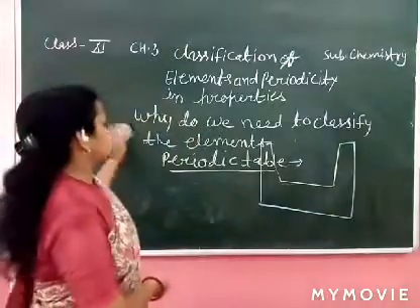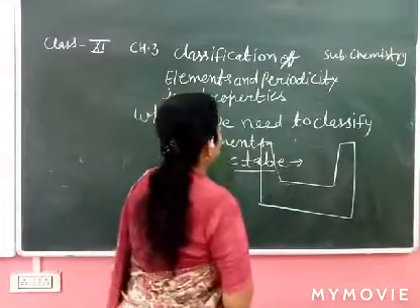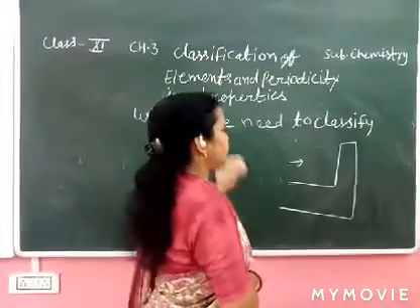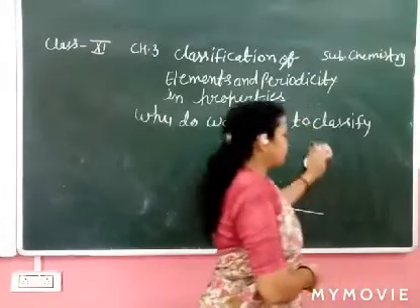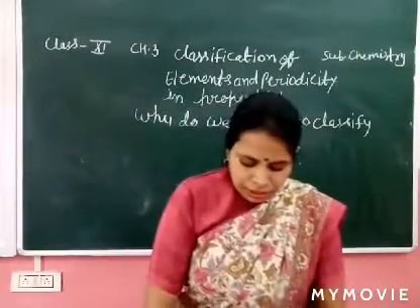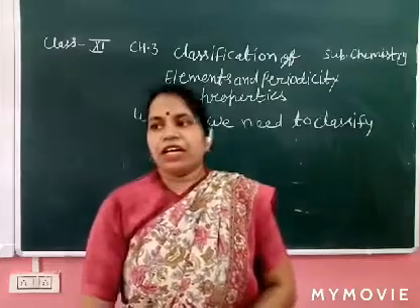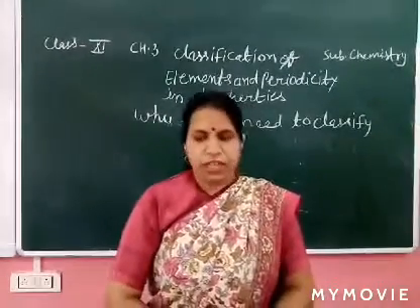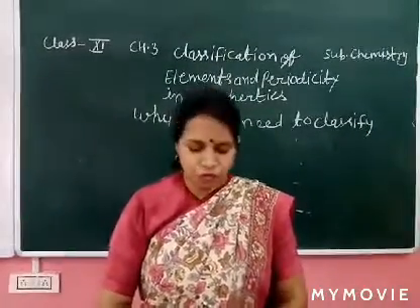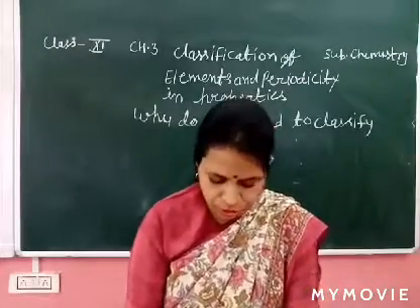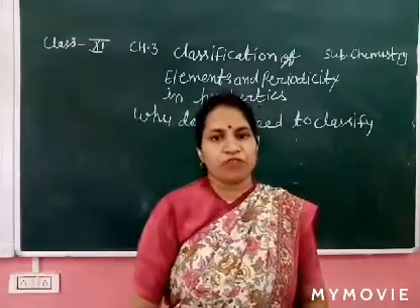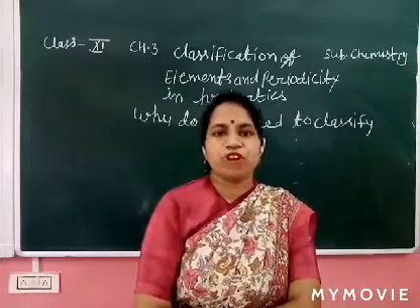Now, is it clear to all of you? What is the periodic table? It is a tabular form, defined as the arrangement of the known elements according to their properties. What happens in this tabular form?